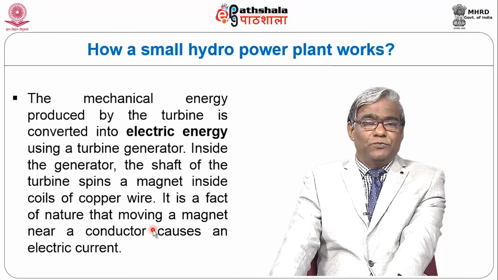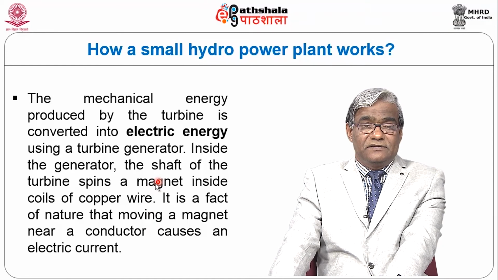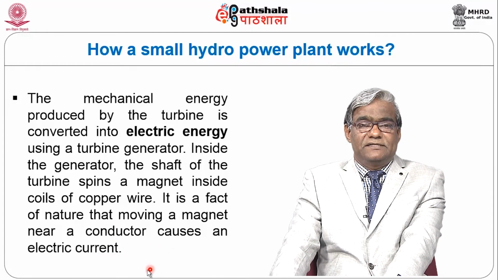The mechanical energy produced by the turbine is converted into electrical energy using a turbine generator. Inside the generator, the shaft of the turbine spins a magnet inside coils of copper wire. It is a fact of nature that moving a magnet near a conductor causes an electric current.